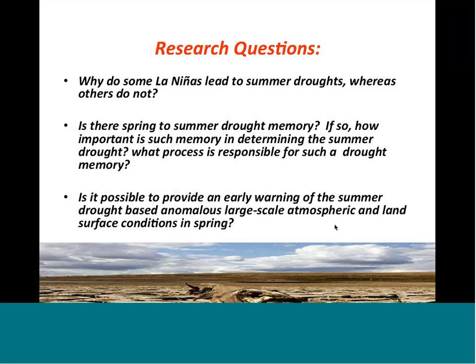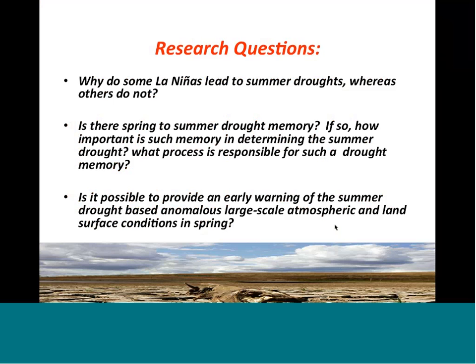The research question we aim to address is why some La Nina events appear to lead to summer drought whereas others do not, and what conditions separate these two different kinds of La Nina.